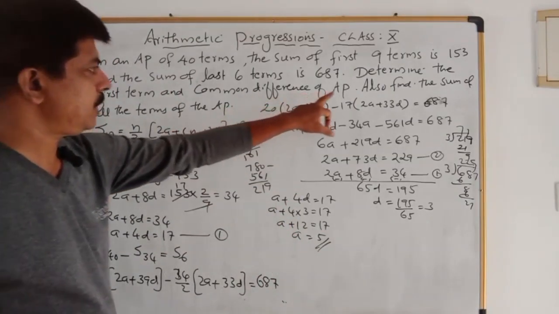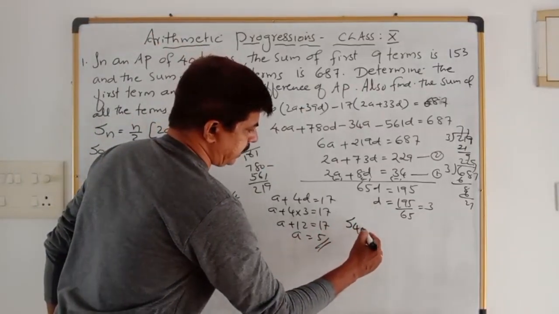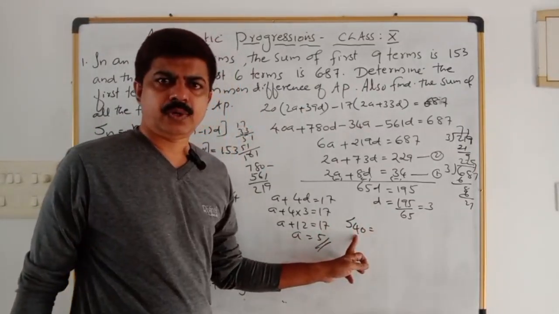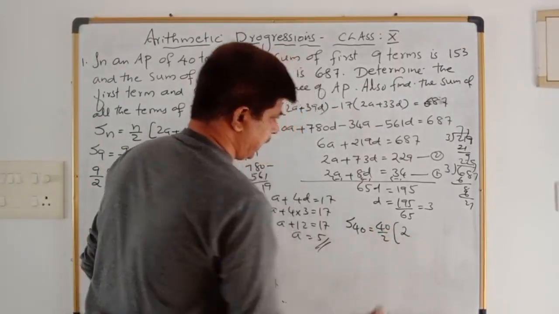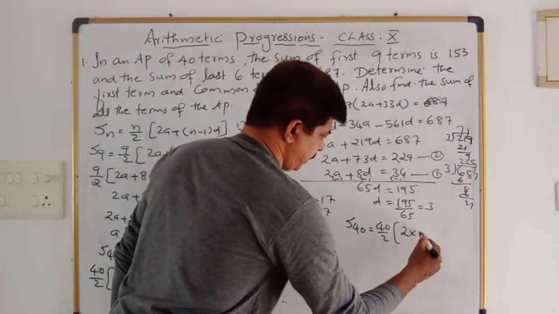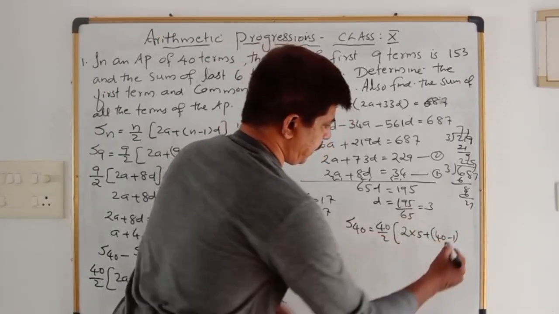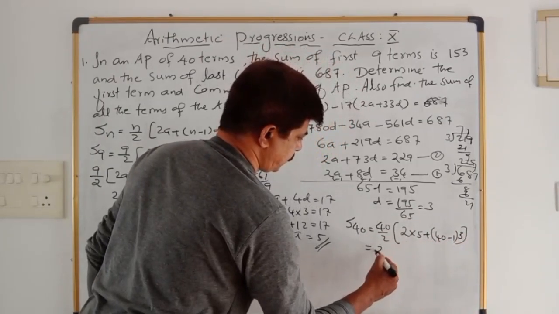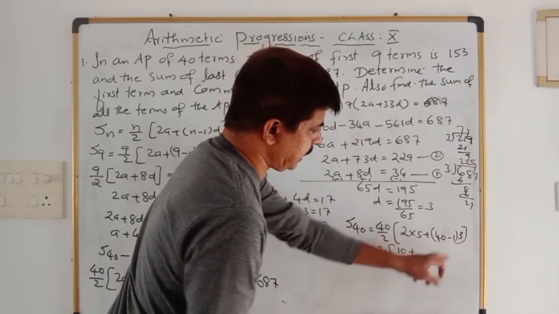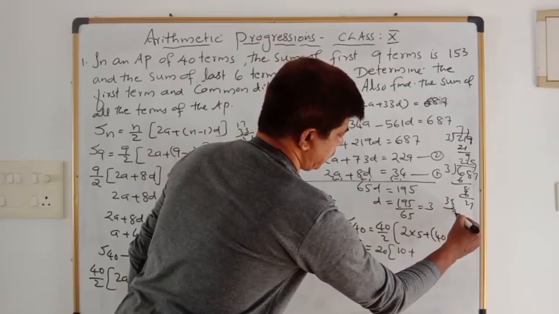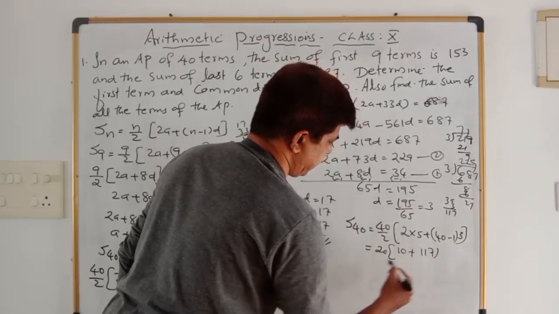Now we need to find the sum of all the terms. The sum of all the terms is S40, as there are 40 terms. So S40 means n by 2 into (2a plus (40 minus 1)d). a is 5, and the d value we got is 3. So 20 into (10 plus 39 into 3). 39 into 3 is 117.